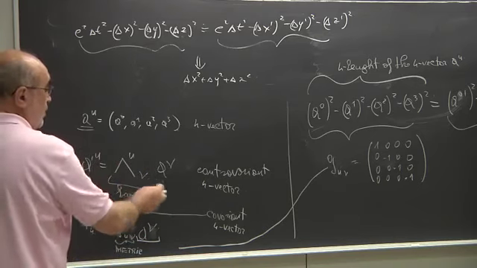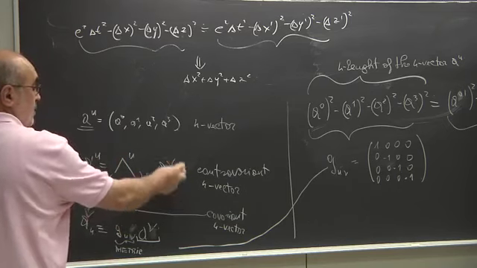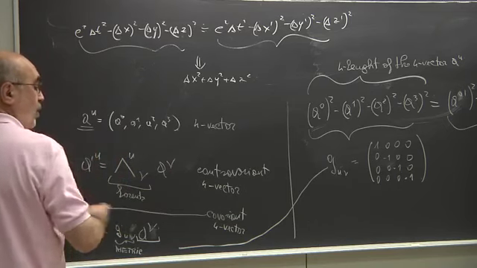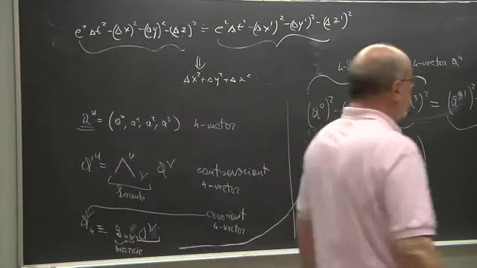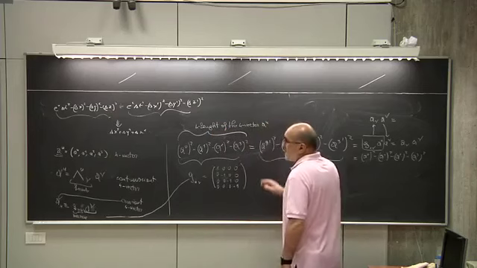If this is the manner in which a contravariant vector transforms, can we derive how a covariant vector transforms under Lorentz? So this is the next question that we will answer. Is there any question here?